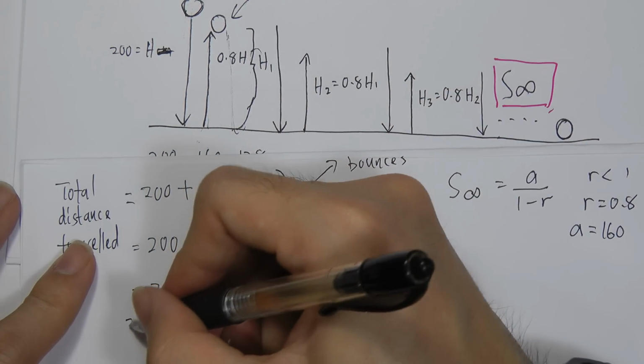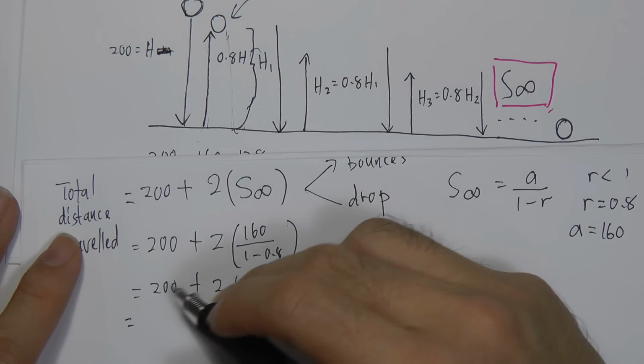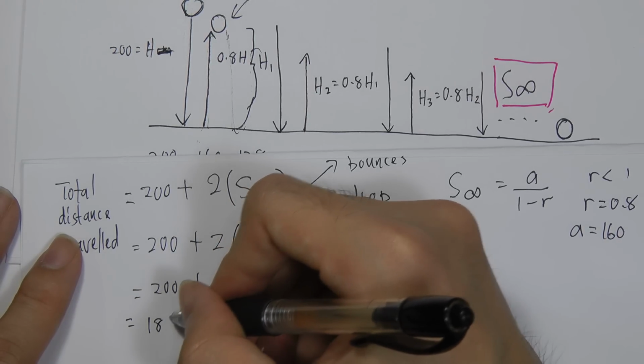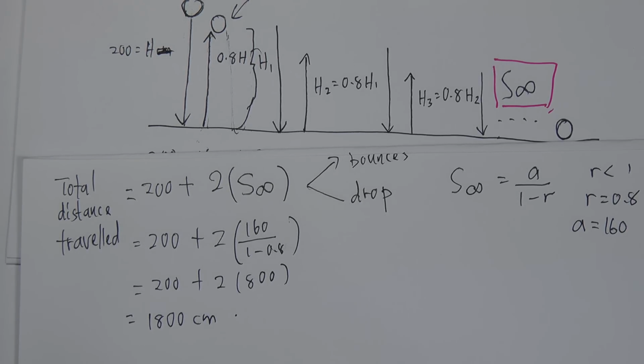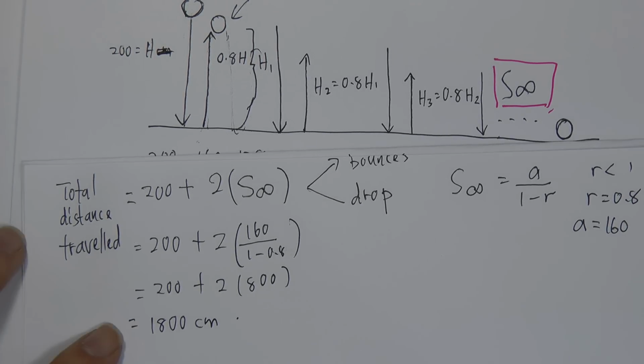Then 1600 plus 200 is 1800 cm. So this is the total travel distance.